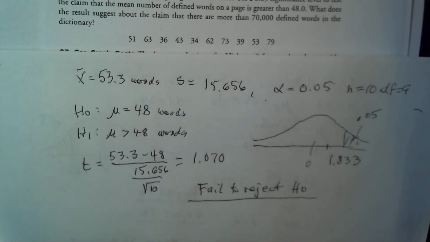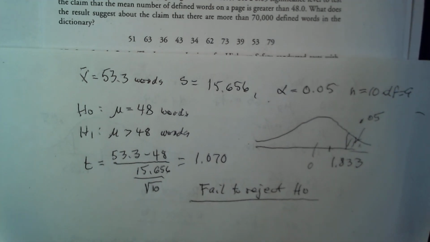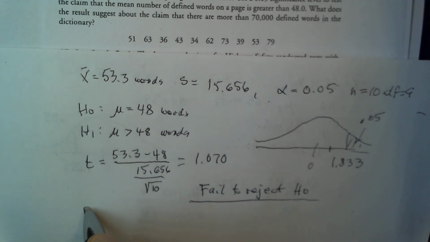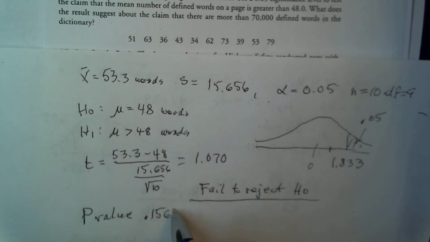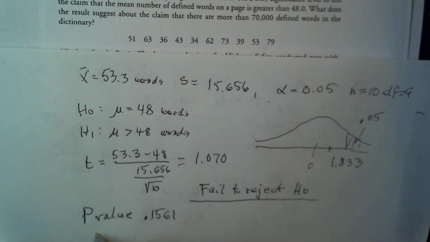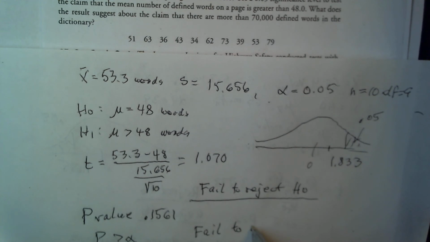And when we compute the p-value using technology, we find it is equal to 0.1561. So that tells us that the p-value is greater than alpha. And again, that leads us to conclude to fail to reject the null hypothesis.